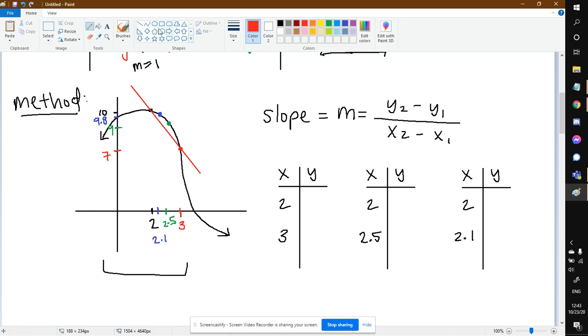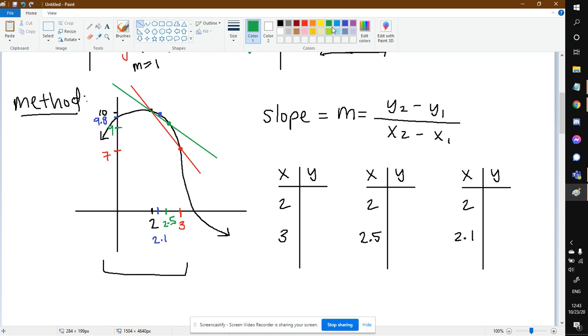But what would make it a better estimation is if we picked a closer point, right? If we picked 2.5 instead of 3, now all of a sudden the slope of the green line looks a little bit closer to what we would actually expect to happen at the black point.